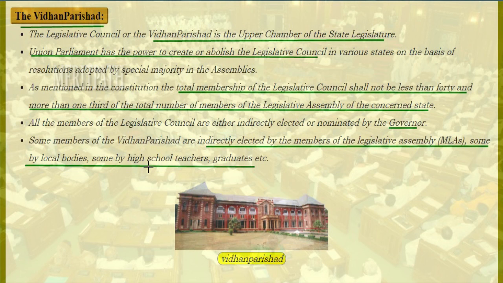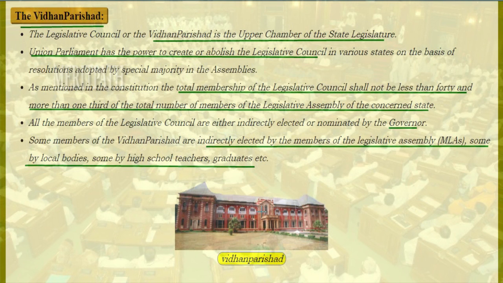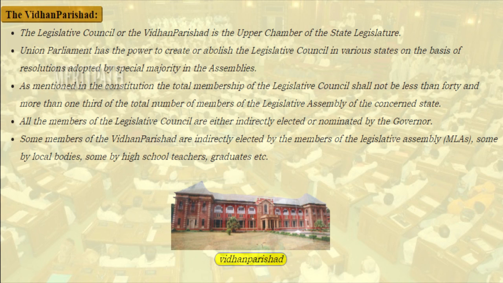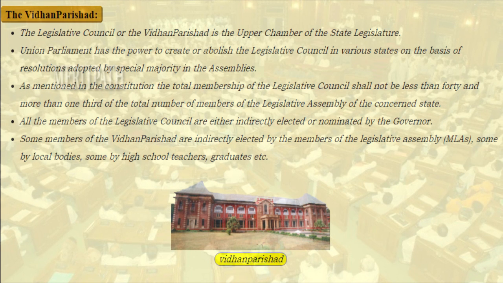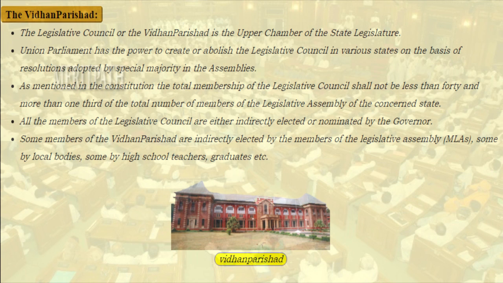As mentioned in the constitution, the total membership of this council will not be less than 40, and not more than one third of the total number of members of the legislative assembly.